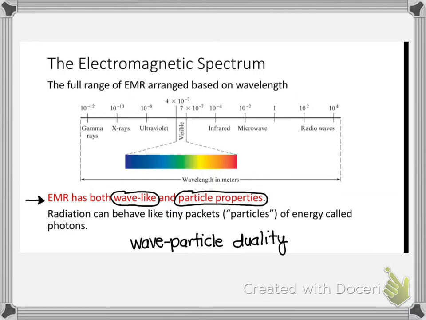Now, I just want you to keep that in the back of your mind, because this was something that became important in trying to describe the electron. Okay, so just keep that in the back of your mind, that to describe electromagnetic radiation, which is a form of energy that travels through space in waves, they had to use both wave and particle properties to completely describe what is going on.